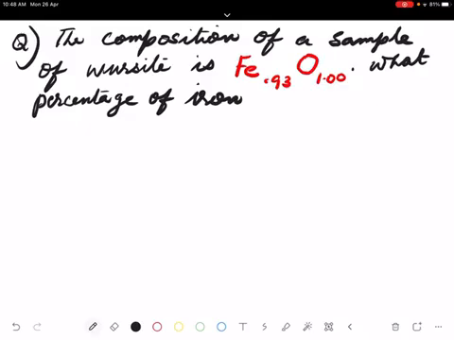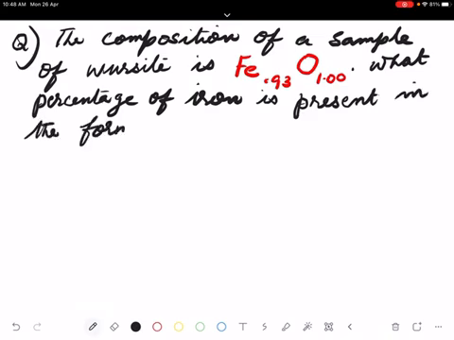What percentage of iron is present in the form of Fe3+? Fe3 means Fe3+.